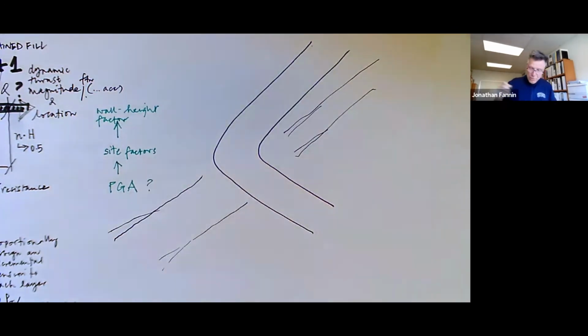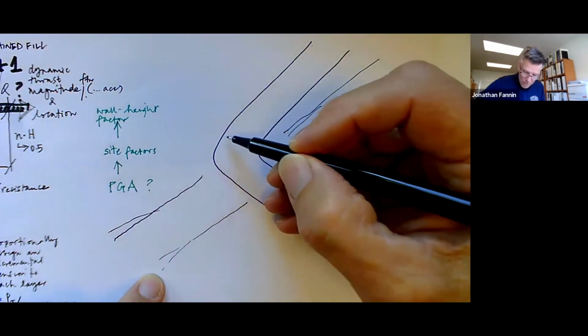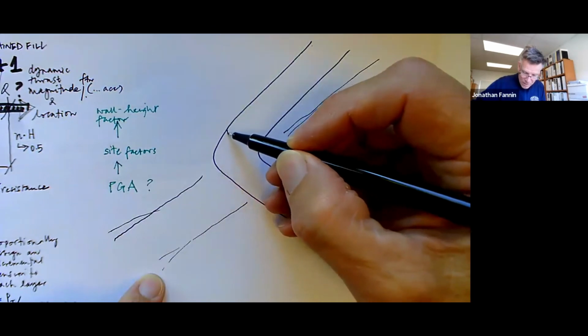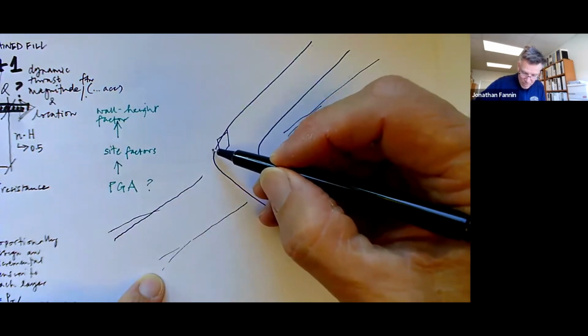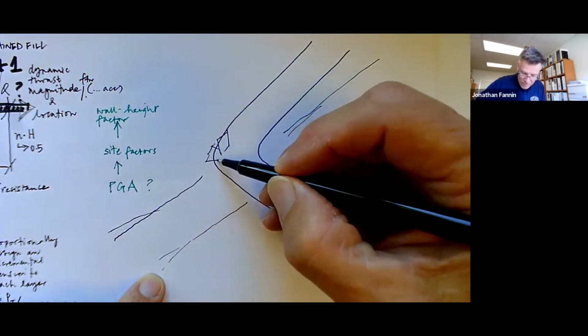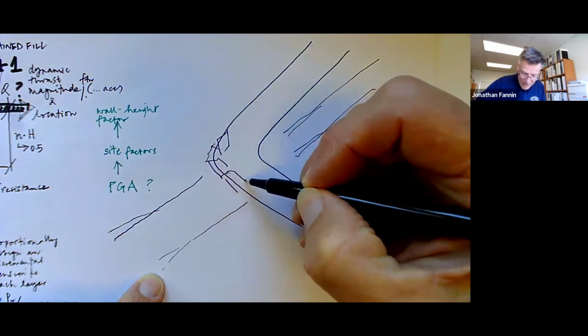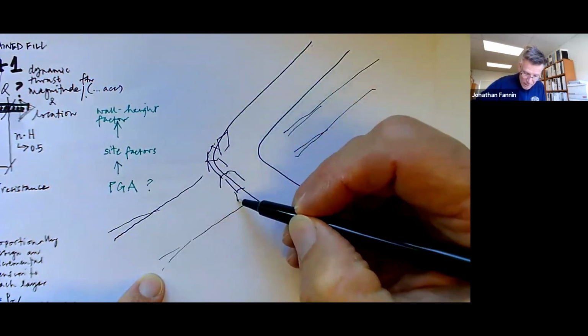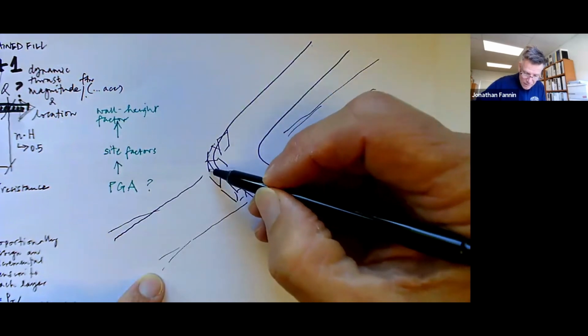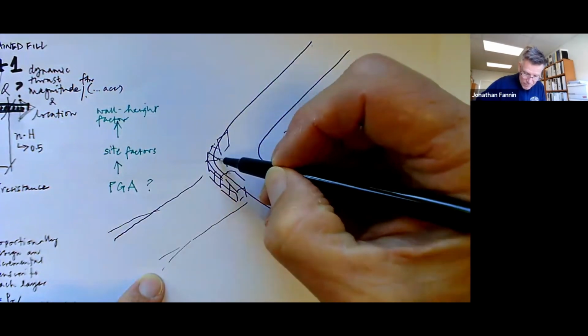And the structure the roadway is sitting on, in this case, was Gabion structures, so Gabion blocks. Let's give those Gabion blocks an outside bend there, and I can put in the Gabion structure.